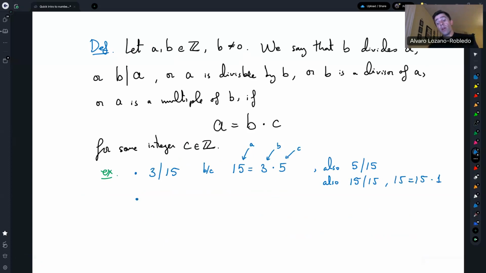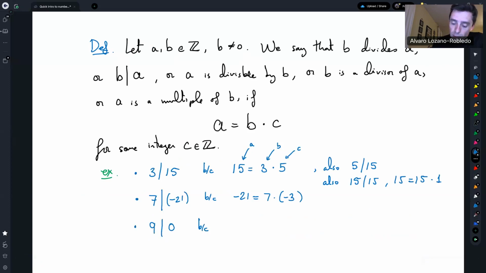This definition applies to all the integers, including negative numbers. So we do say that 7 divides minus 21 because minus 21 is 7 times minus 3. In this case, the value of c is minus 3. And this definition also applies to 0. We say that 9 divides 0 because 0 is 9 times some integer.